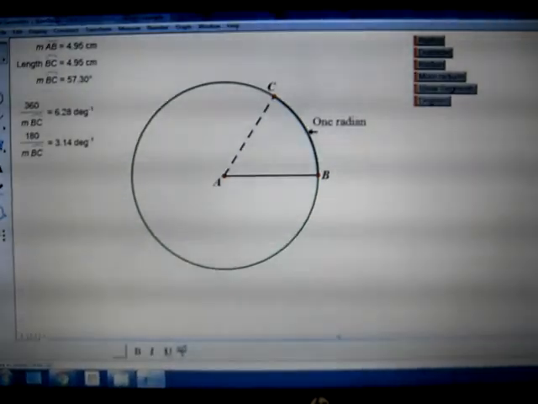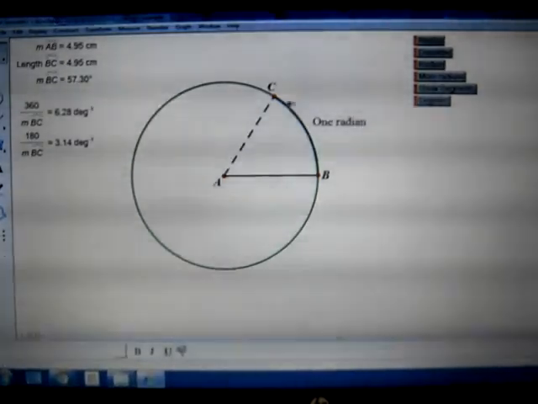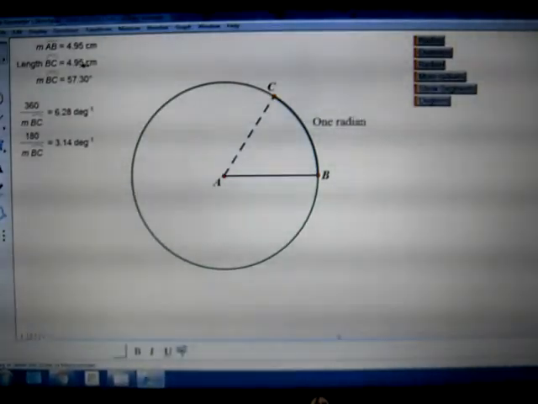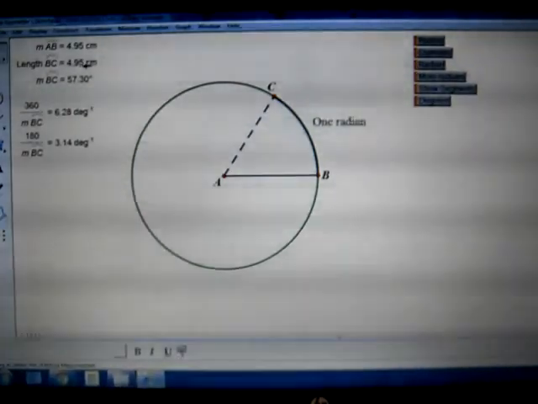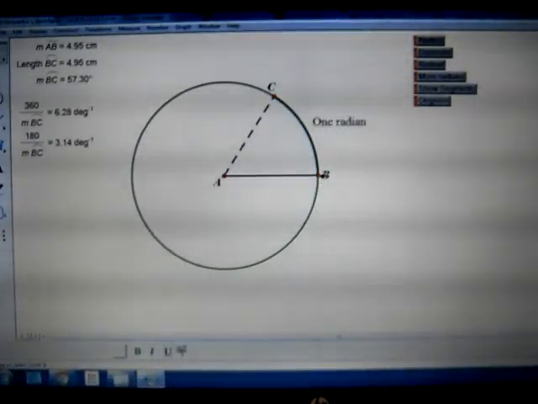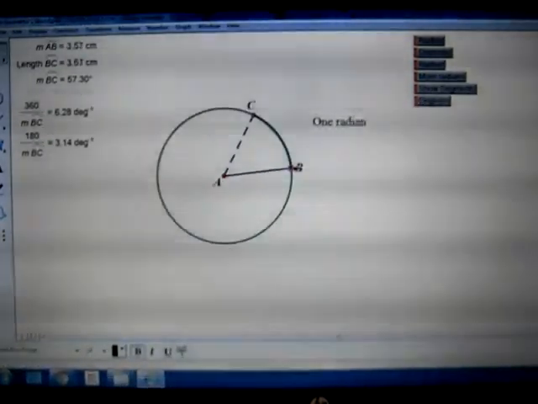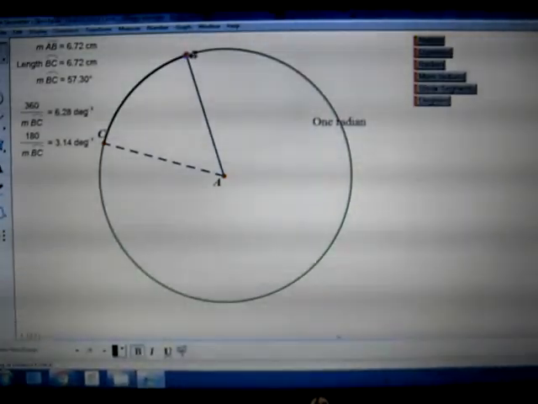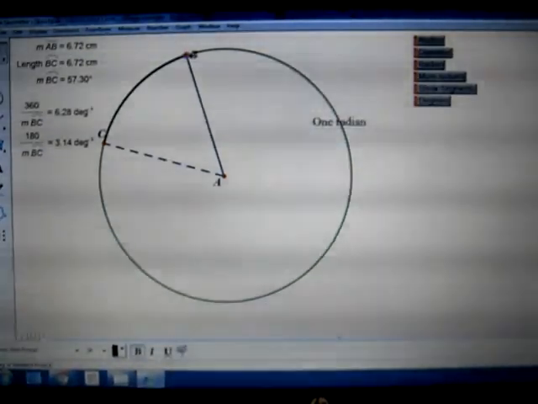So here we have an arc. This is arc BC, and you notice over here that the length of the arc is the same as the radius. And if we go changing the size of the circle, the arc and the radius always stay the same.